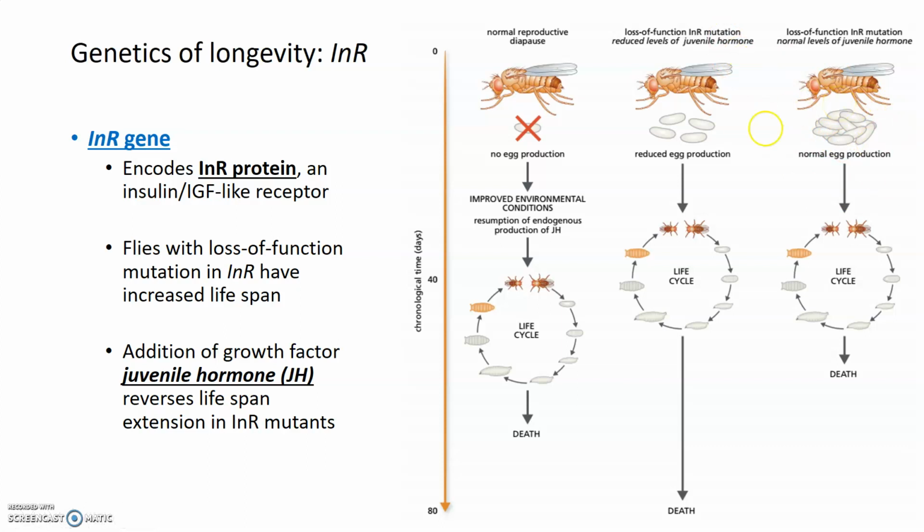And once their egg production is back to normal, their life cycle shortens. And so it seems like there's a direct correlation between a reduced egg production in the insulin receptor mutants and their extended lifespan that can actually be reverted by flooding the system with a bunch of substrate and by reinstituting normal egg production.